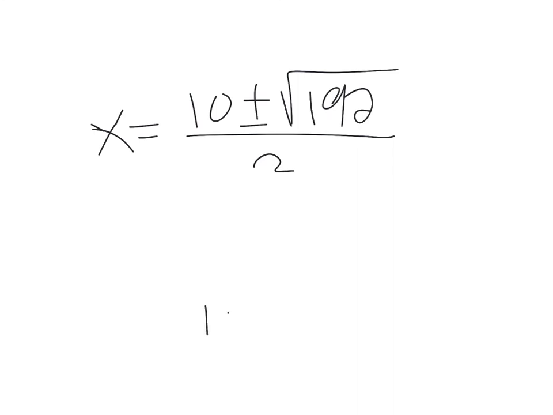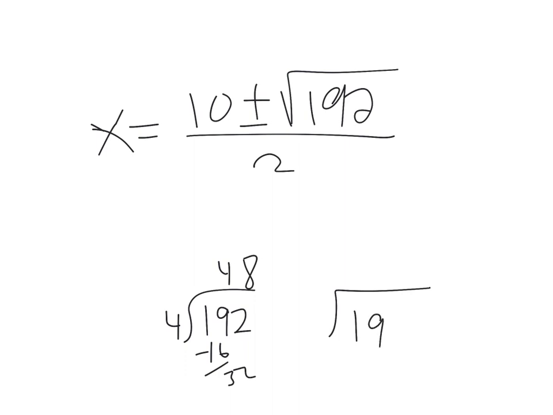192, I believe that 4 is going to go into that. 4 times 48. All right, so I think 16. If 4 goes into it, maybe 4 squared goes into it. 16 and 12. Ooh, wait. We could even go bigger.